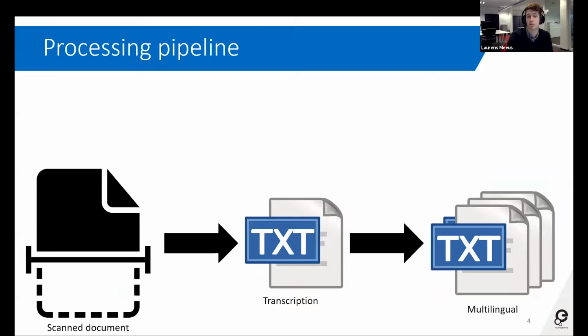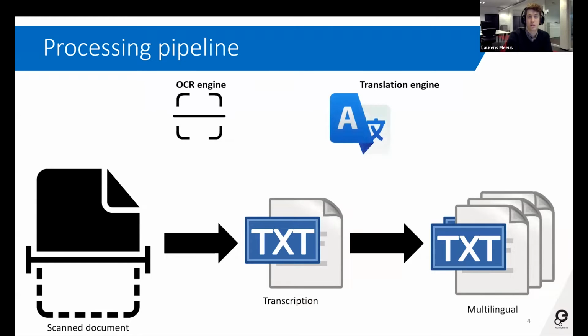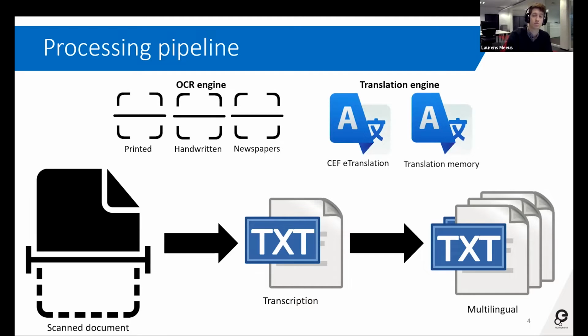To make it possible to translate a scanned document, an OCR engine will first extract machine-readable text out of the image, after which a translation engine can make it available in the language of choice. What makes OCCAM special is that it has access to a set of OCR and translation engines to make it possible to receive tailored results for every type of document.